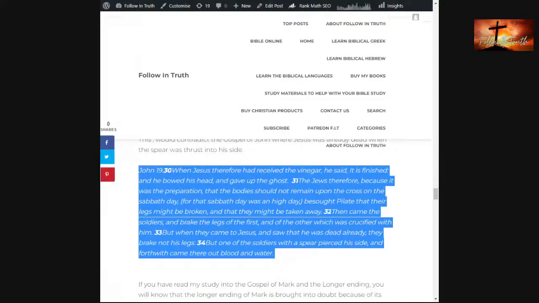So in the Gospel of John, we have that Jesus died, and then they pierced his body and then the blood and water came out of his side.